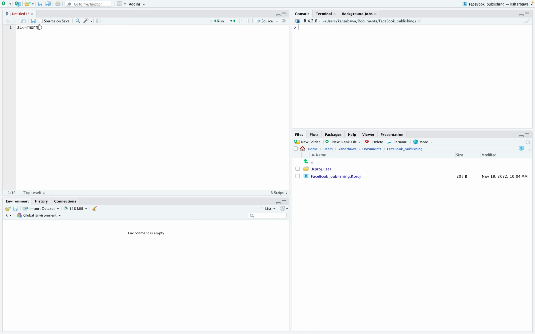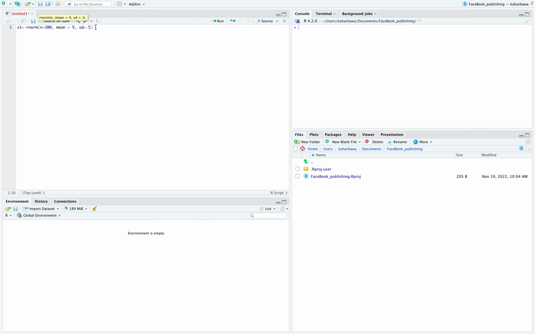So over here my sample size will be, let's say, 200. I'll create my mu, which is the mean, right? My mean will be, let's create a mean of 9, and then the standard deviation will be, let's say, 0.5. So that will be my first sample of data using rnorm.